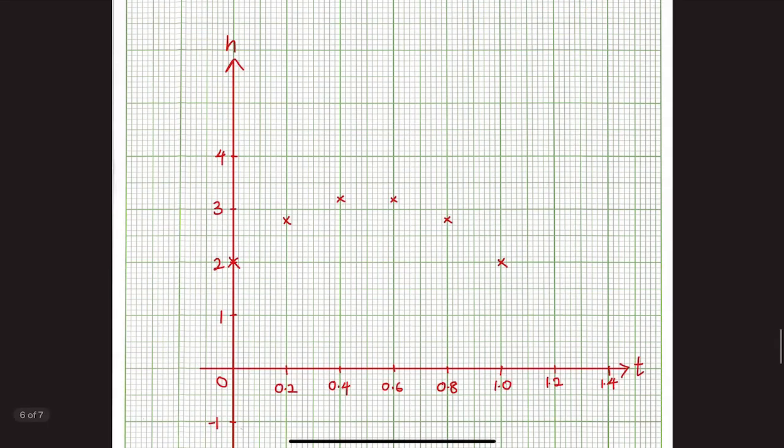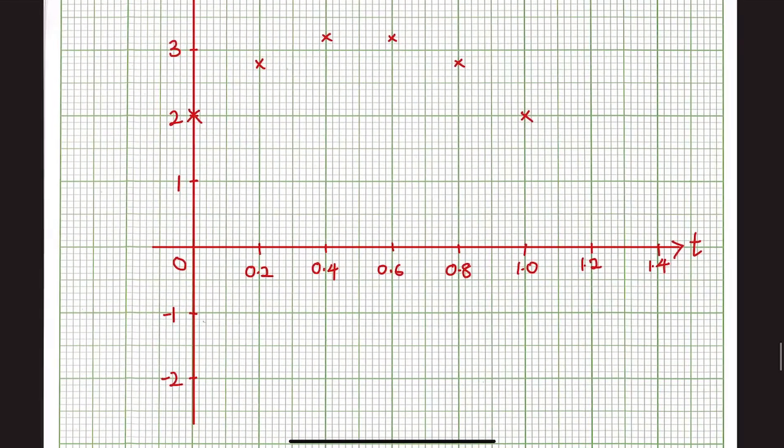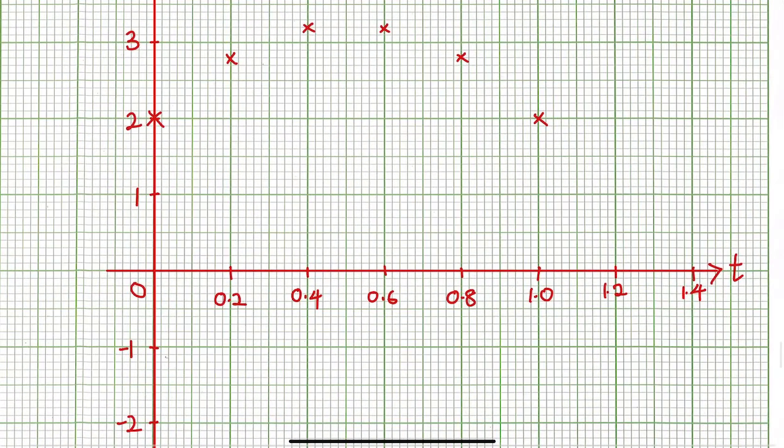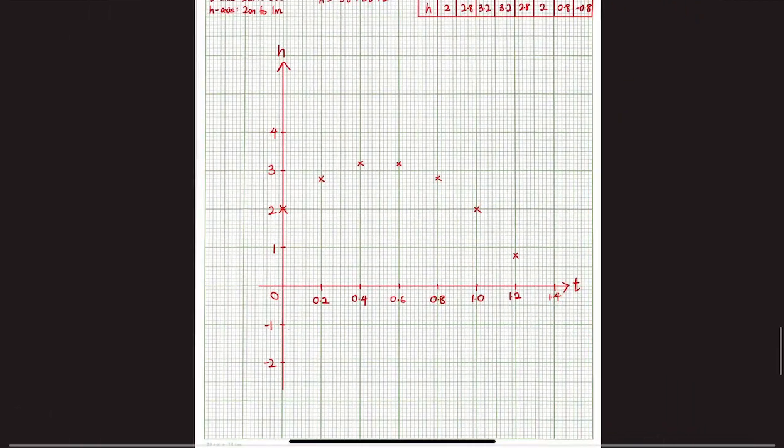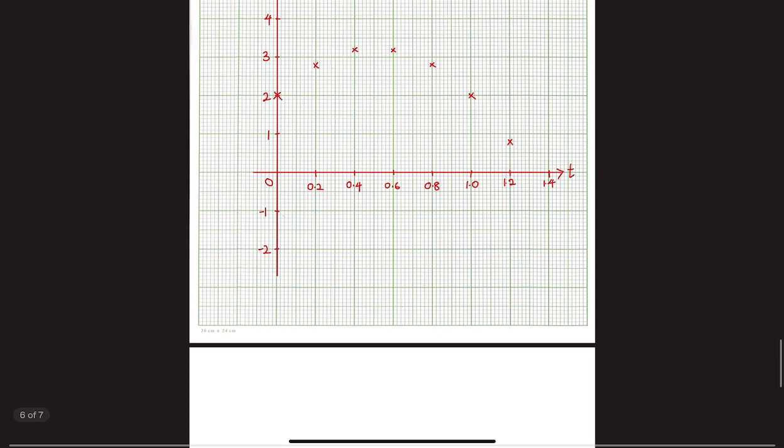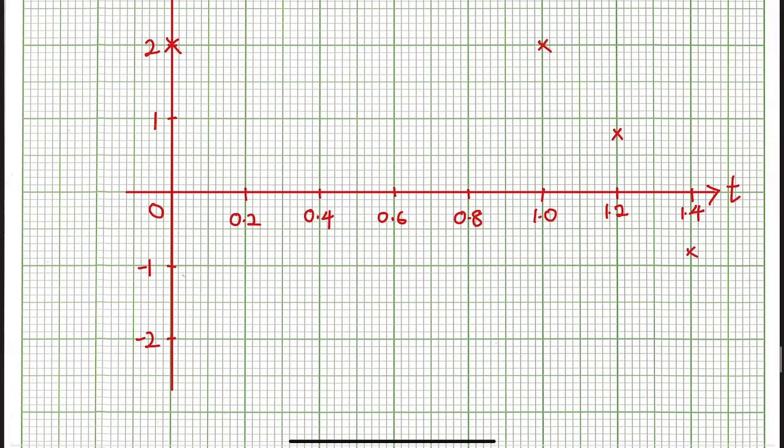Then 1.2 I have 0.8, which is over here. Then 1.4 I have negative 0.8, which is over here. Okay, negative 0.8 will be here.